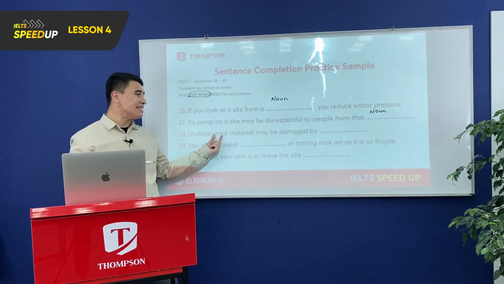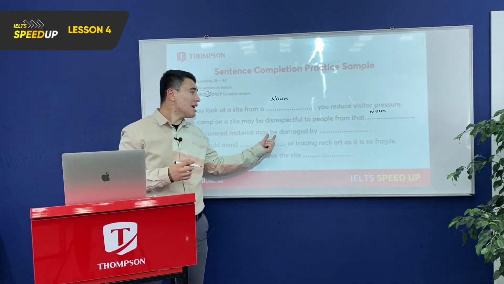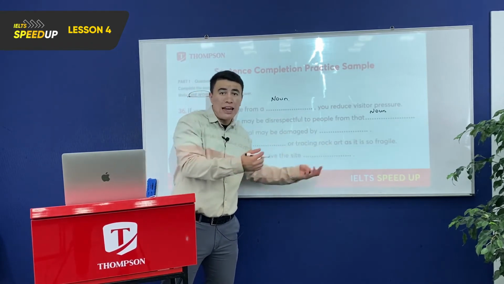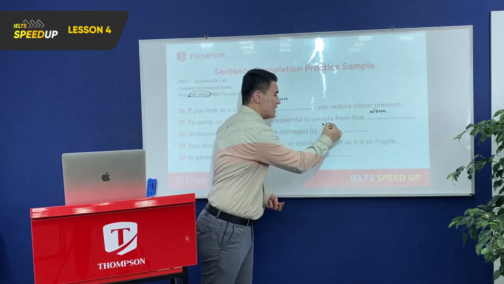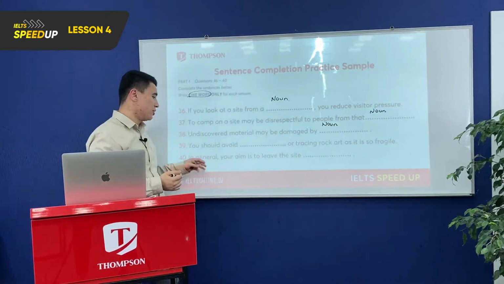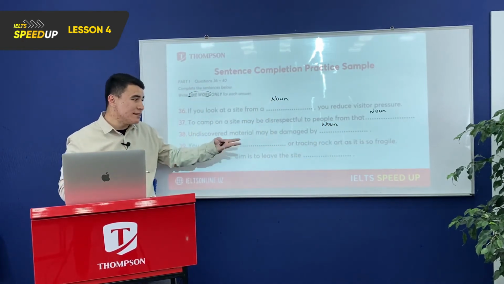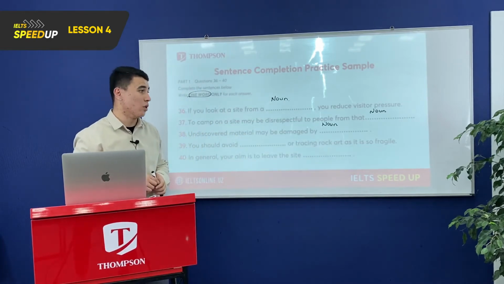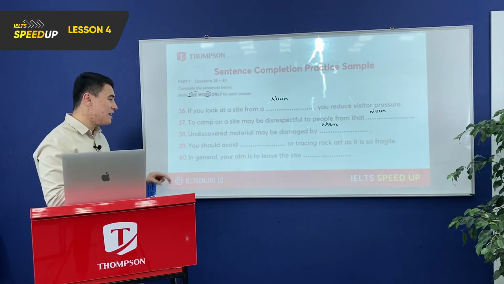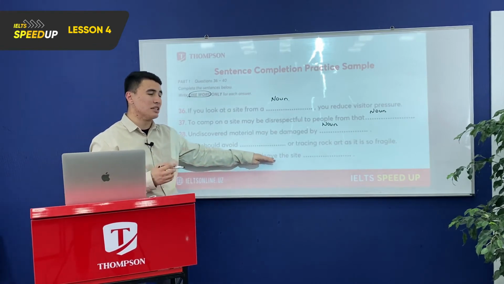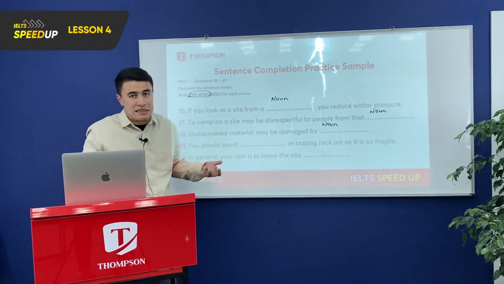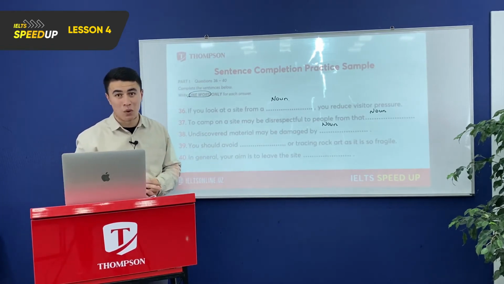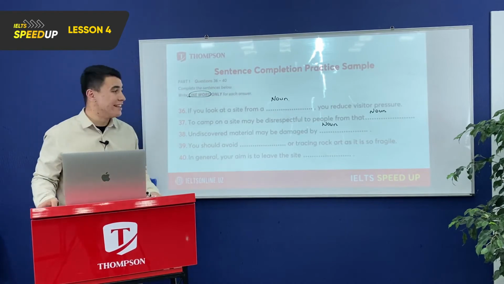Next, undiscovered material might be damaged by visitors or animals, so you have to write a noun here as well. So you should avoid something or tracing rock art as it is so fragile. In general, your aim is to leave the site safe and secure, or maybe untouched or undamaged. Let's listen.